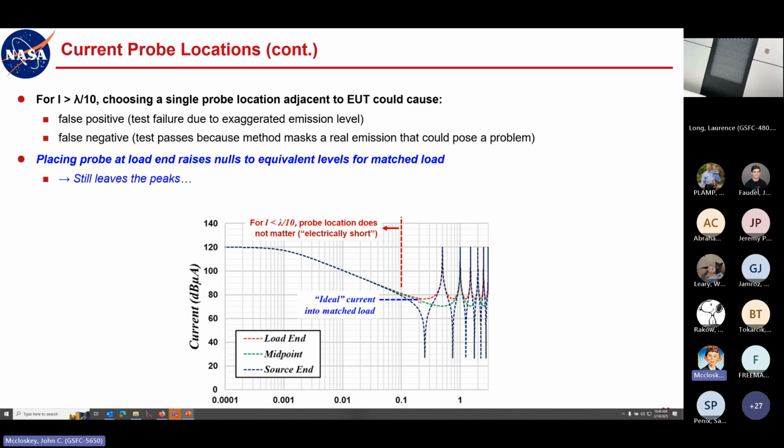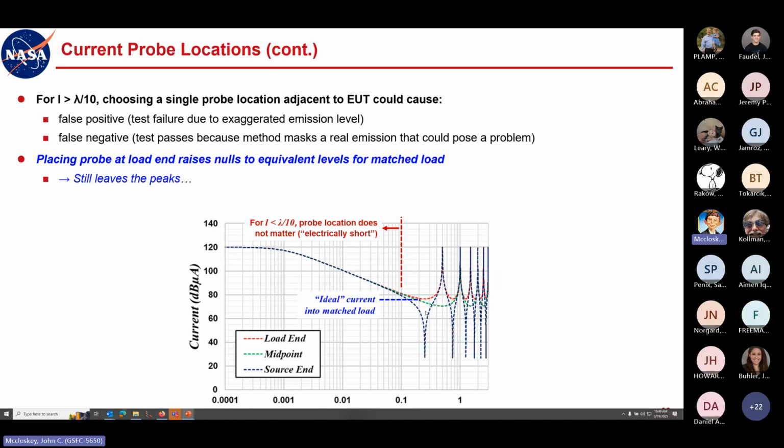We bring these nulls up to what they would be into a matched load. So if we're ideally into a matched 300 ohm load, this will be the ideal current we should get at these frequencies, just this blue dashed line through here. So if we move the current probe to the far end, to the shorted termination, we'll bring these nulls up to basically give us the same current that we would have into a matched load. But that still leaves the peaks.